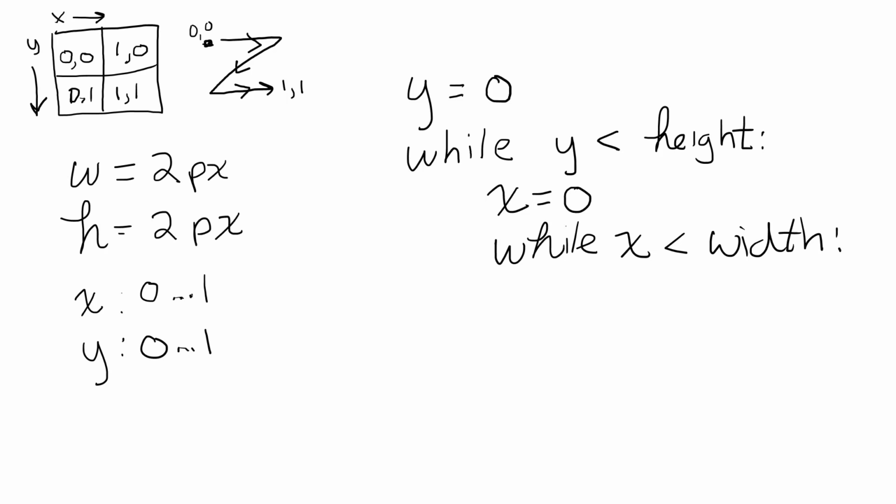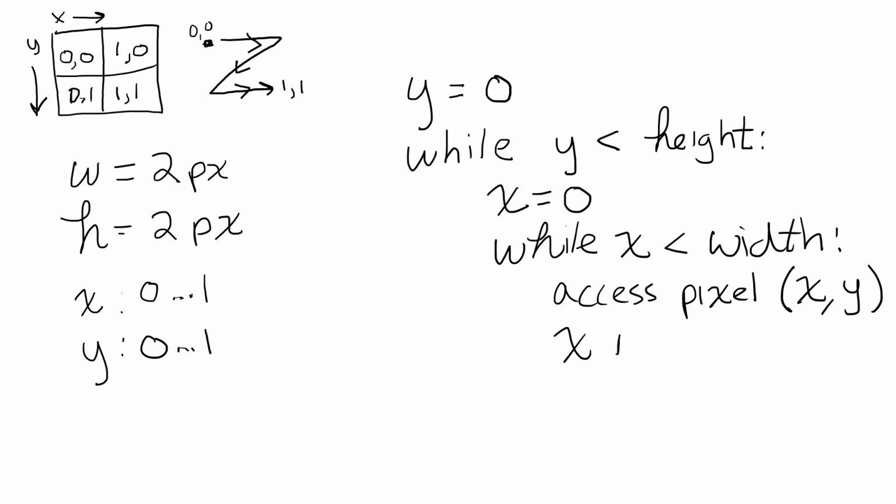And then here we would access the pixel. Access the pixel X, Y. Add 1 to X. Now break out of this block of code, and we'll add 1 to Y.